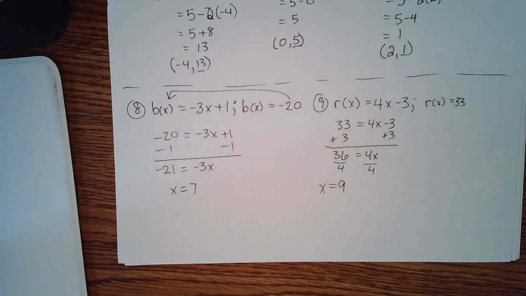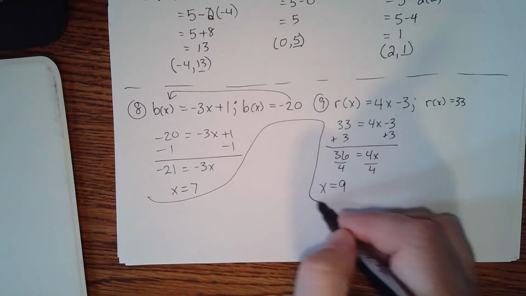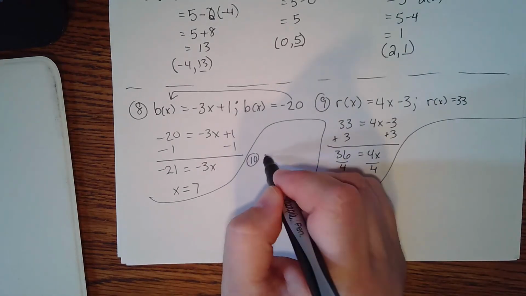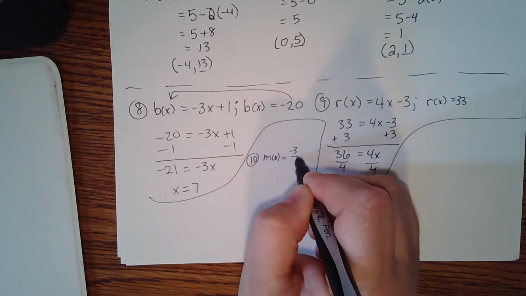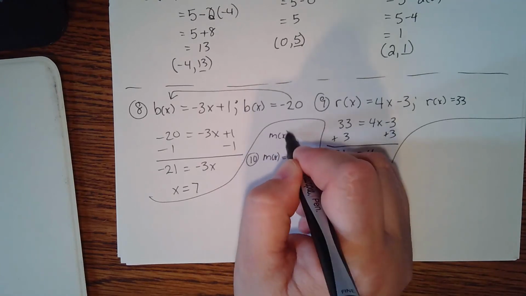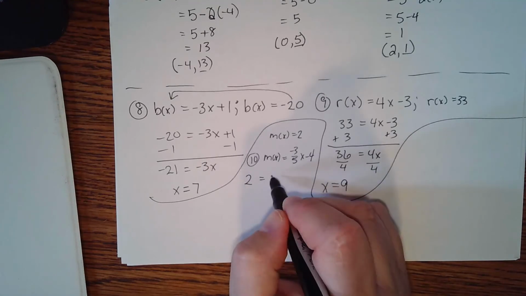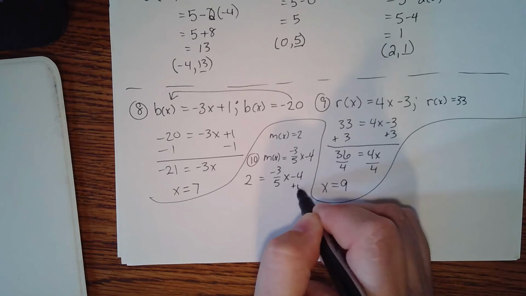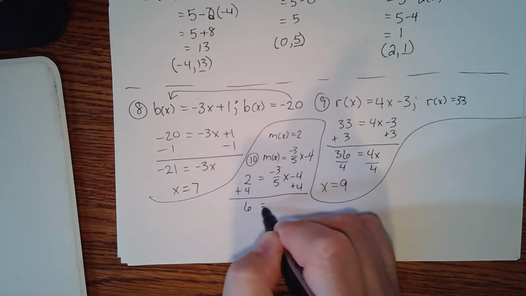All right, so let's look at number 10 here. So for number 10, we have m of x equals -3/5 x minus 4. And we're going to say m of x equals 2. So if this is 2, I'm going to add 4 across. So it gives me 6 equals -3/5 x.